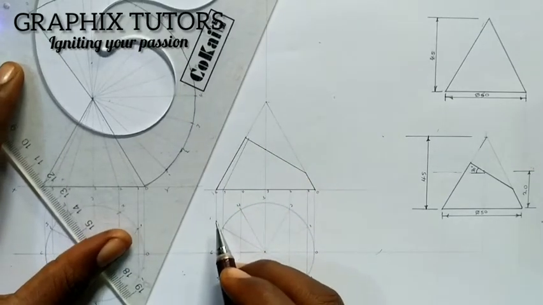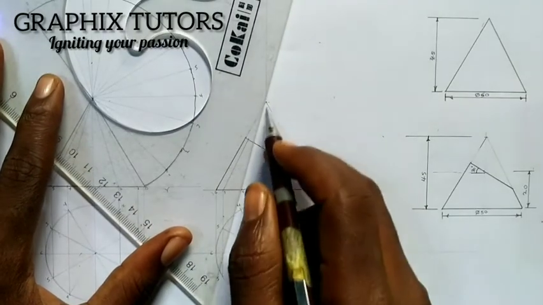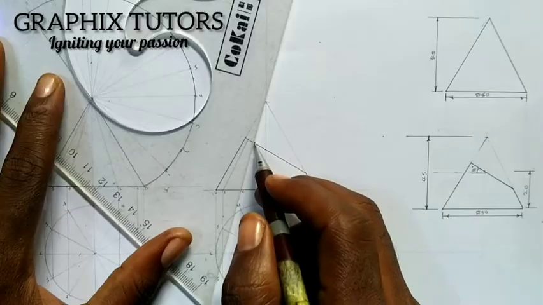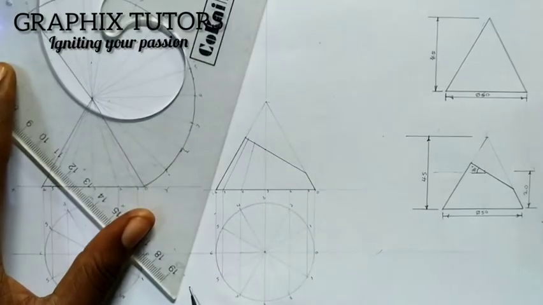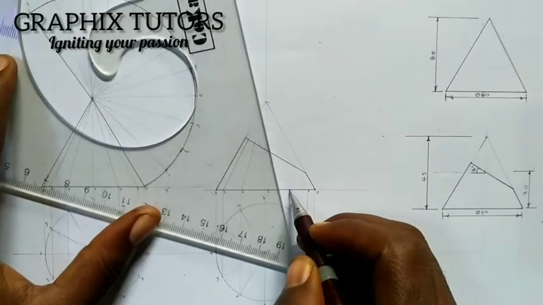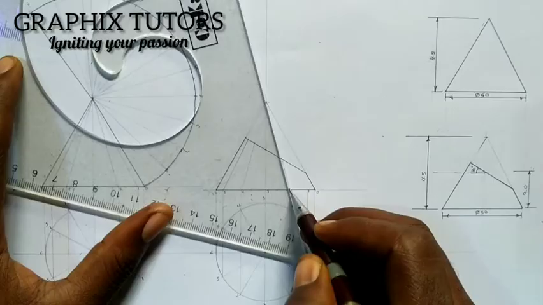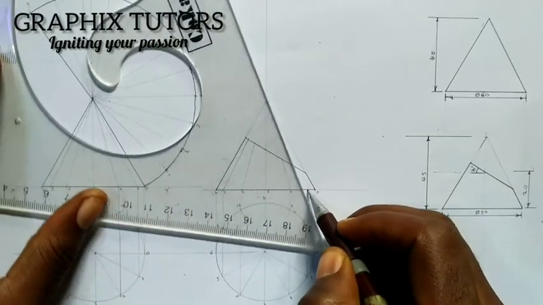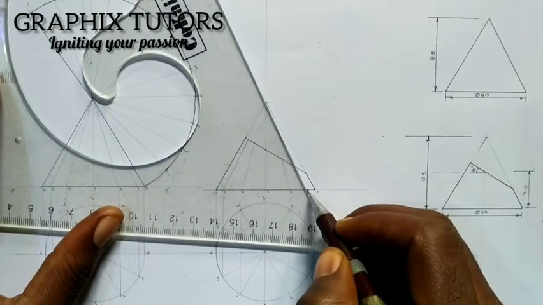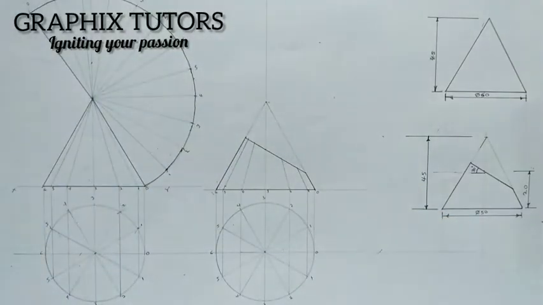You can see, place it here also, heading towards the center, 4 to the center. I'm going to stop at that demarcation. You can see from 2 to the center, I'm going to stop at that demarcation. Then from 1 to the center, I'll stop at that demarcation. That's what I'm talking about.